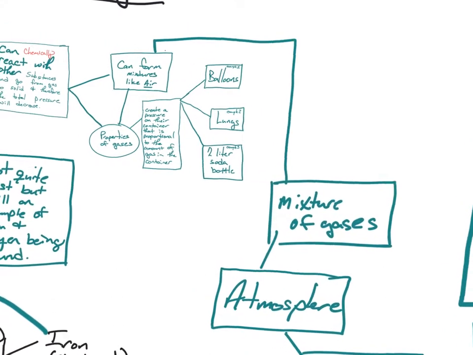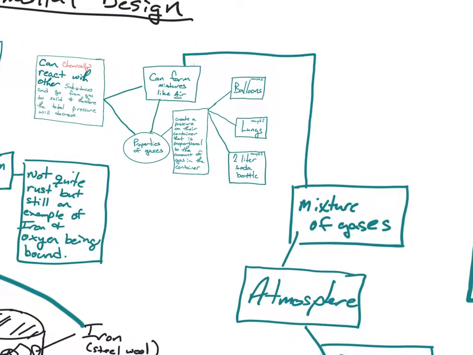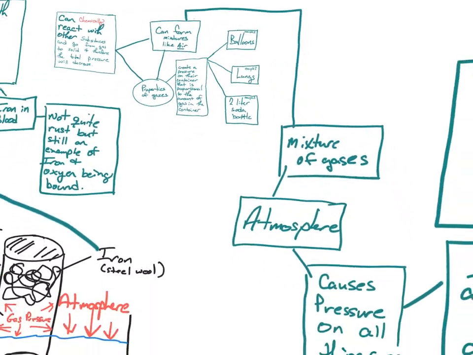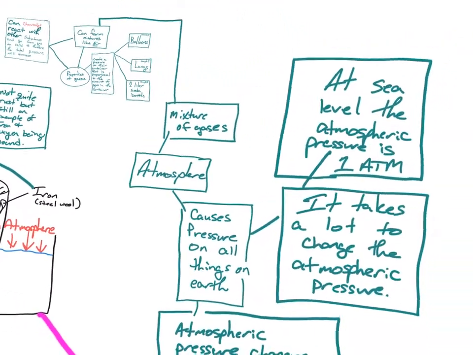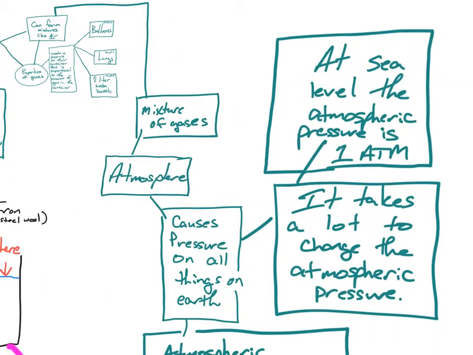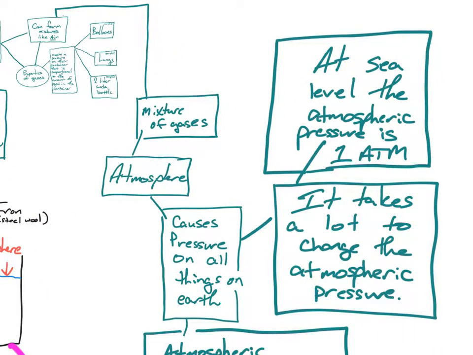So thinking about air as a mixture, the atmosphere as a mixture of gases, also allows us to know that the atmosphere causes pressure. The atmosphere, being a mixture of gases, causes pressure on everything on Earth. Since the atmosphere is the gases that are on Earth, if gases produce pressure, and you think of the Earth as an enclosed container, then all that pressure is pushing down on everything on Earth.